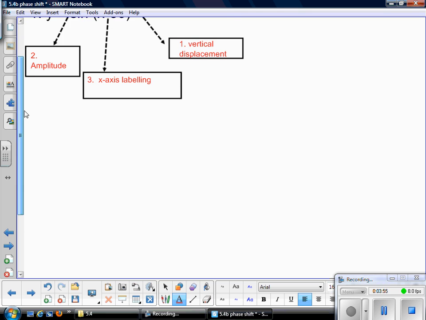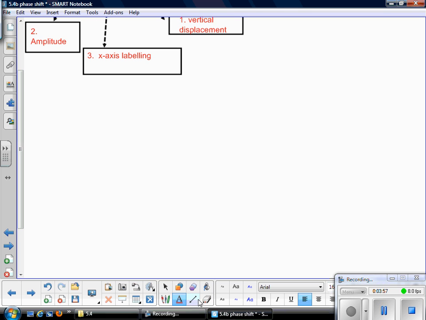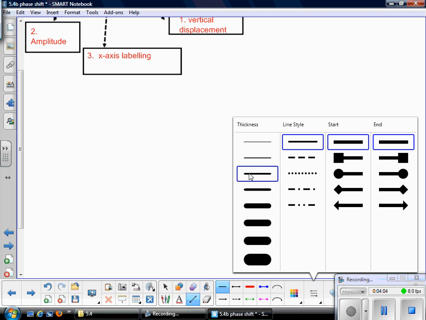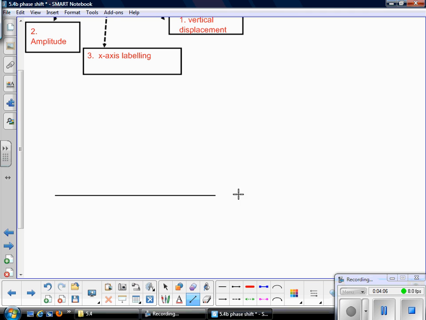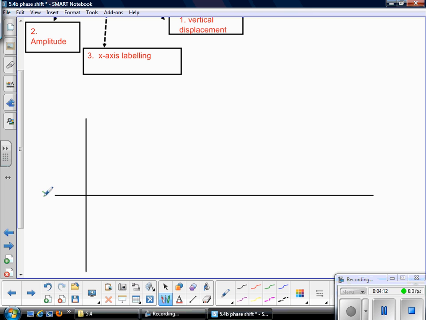So what I'm going to start with is I'm going to walk you through exactly what I would do if I was expected to graph that. So I would need a straight line for my x-axis, even though I'm not going to put anything there. And I would also have my y-axis. So I would label them x and y. And I would put some numbers here.